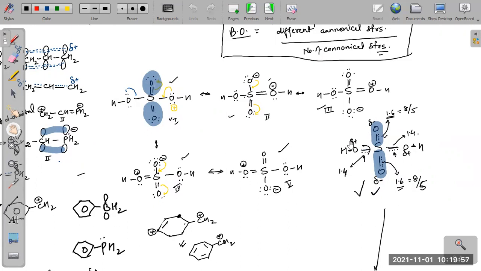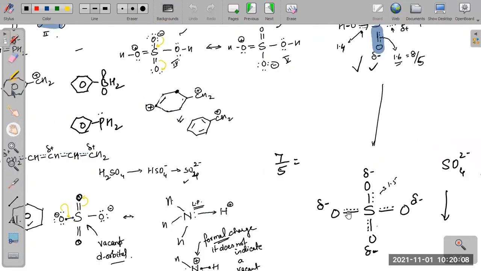Okay. This system is going to be potentially less stable, because lesser amount of delocalization is taking place compared to this one, where a greater deal of resonance is taking place.